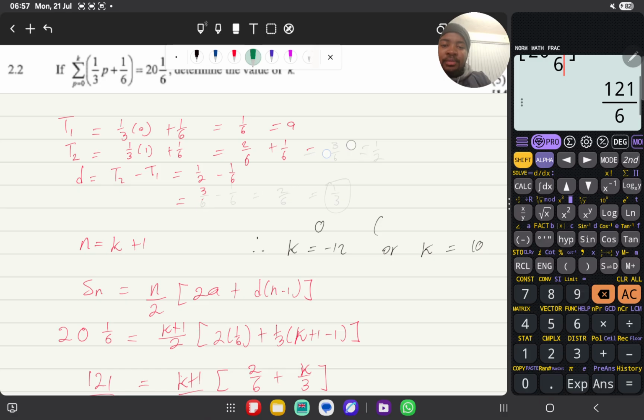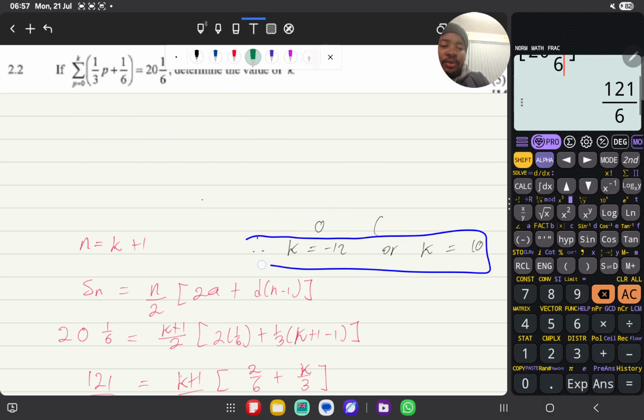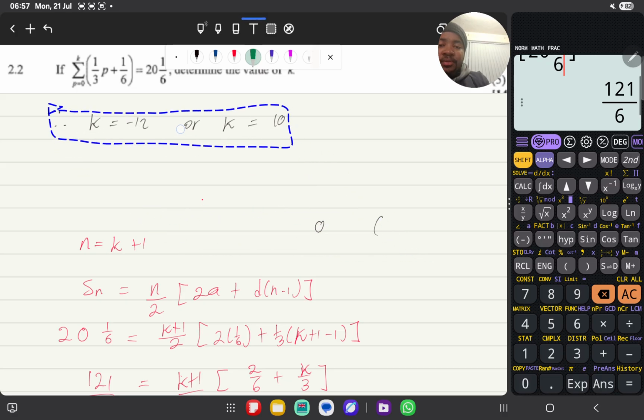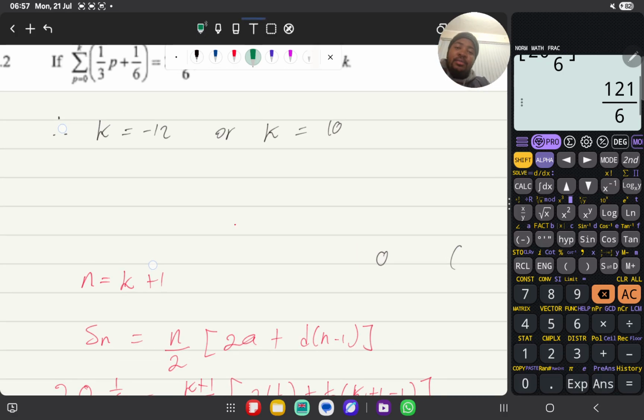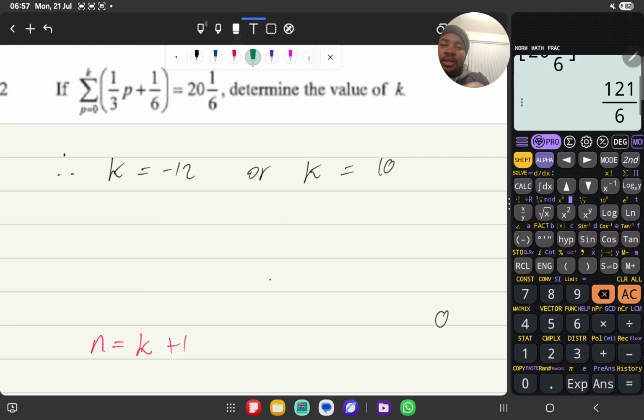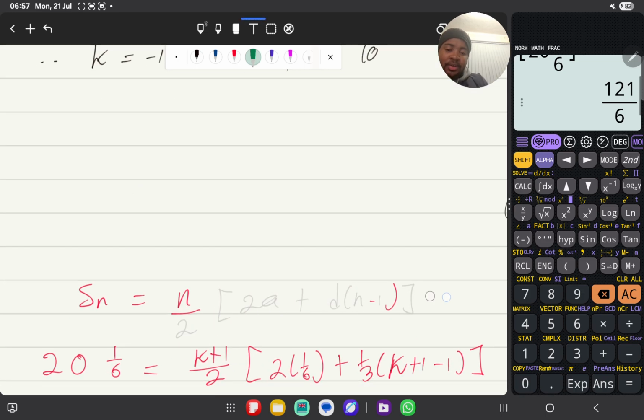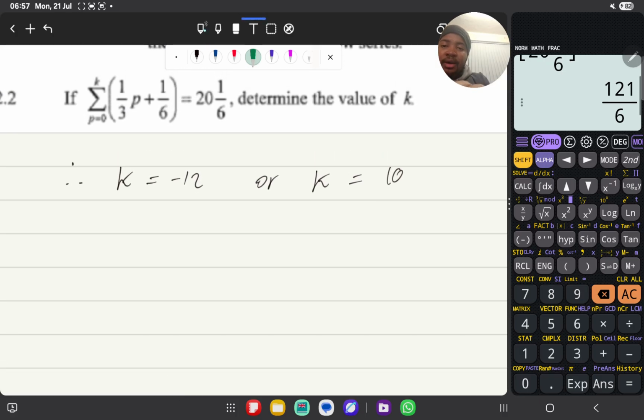So the question that I have now is which k makes sense? Now we have one k being minus 12, and another k being positive. I don't care much about the numbers. I only care about the signs right now.